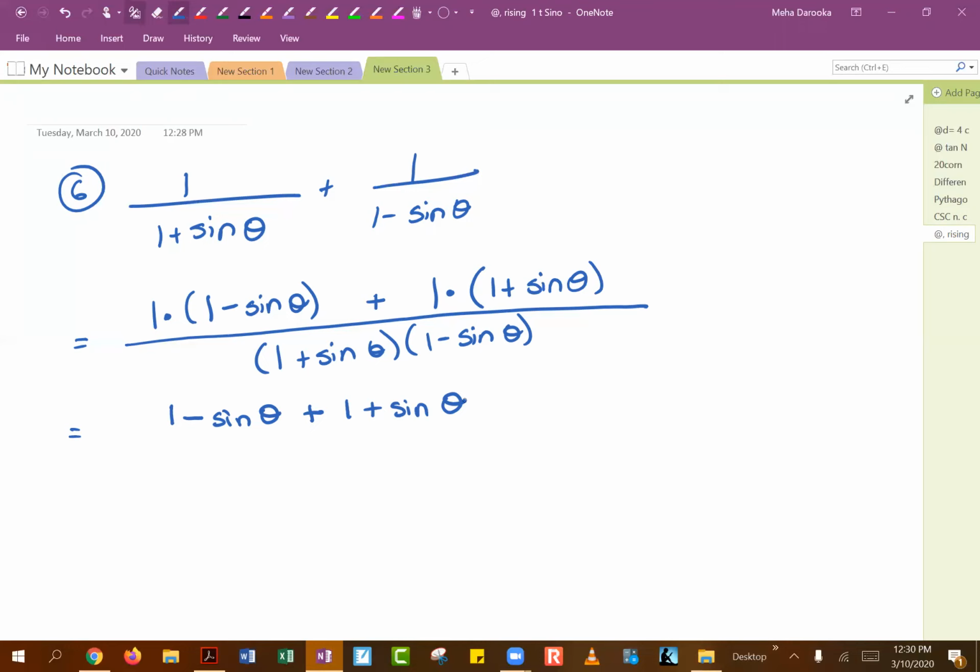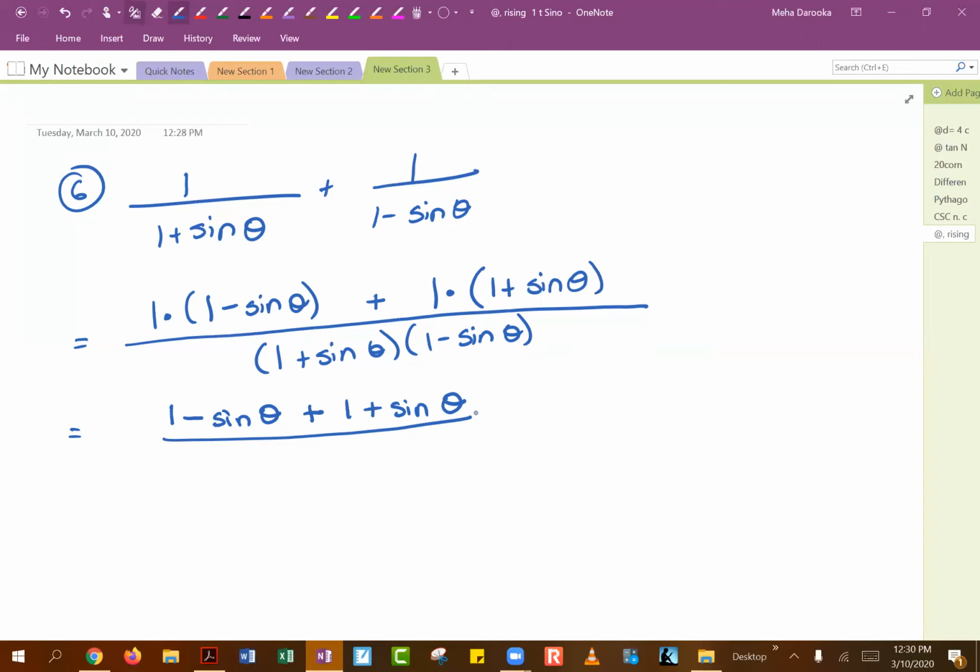But what's going to happen on the denominator? We use the, what is that one? Reverse the 1 plus and 1 minus. Yeah, that's exactly what this is.